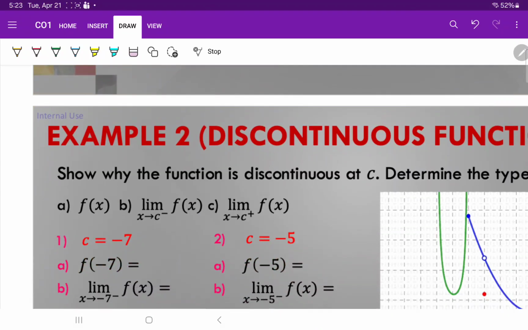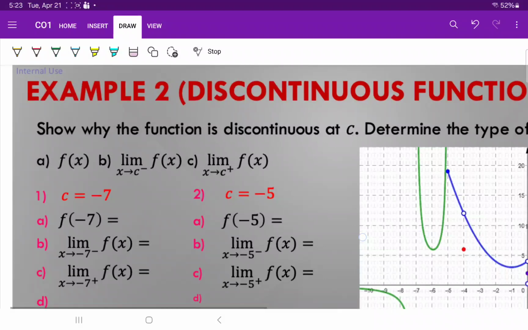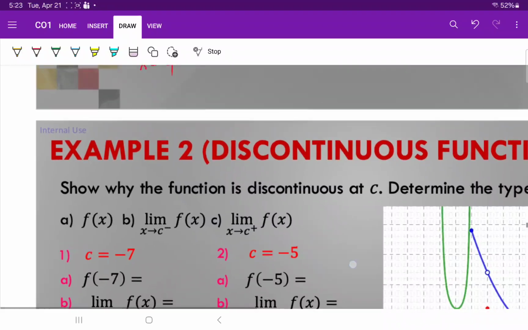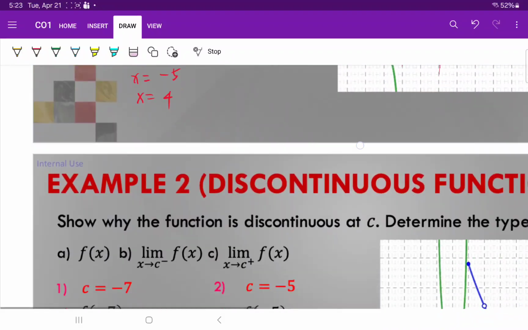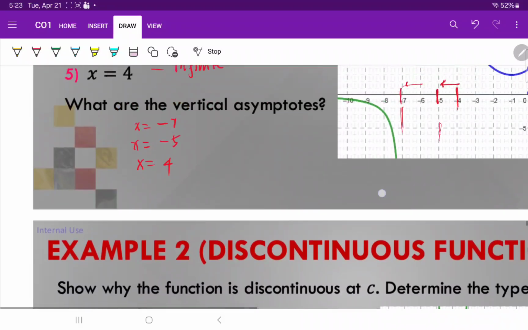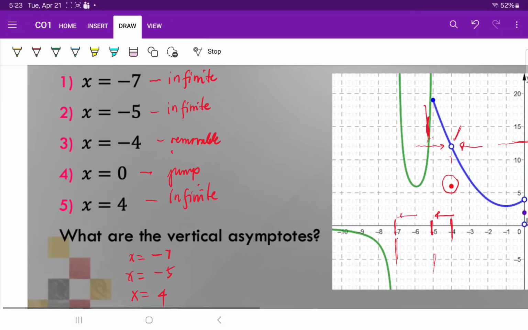Alright. Now, for the next one, we are asked to show why they are discontinuous at x equals -7, this one. Because we just look at the graph, right? By just looking at the graph, we were able to identify where it is discontinuous.